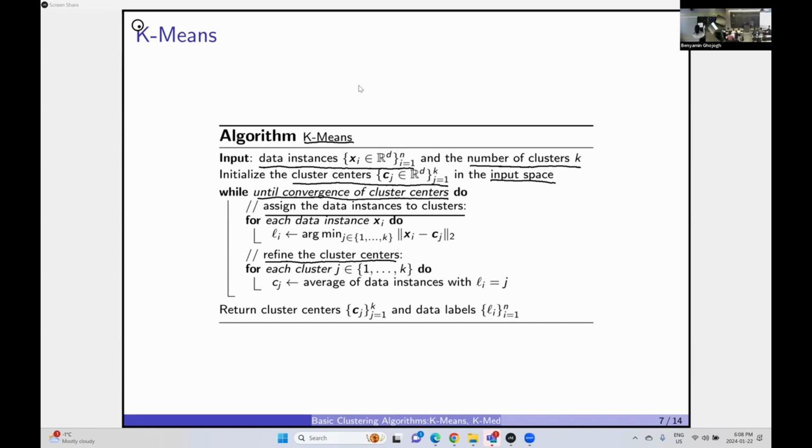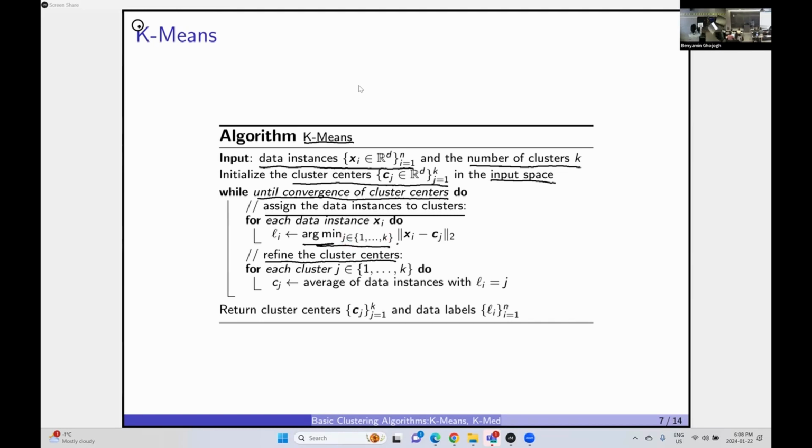So for assigning the data instances, we have some cluster centers, right? Then for every data point, we calculate the distance of that data point from all of the cluster centers. The minimum distance tells us which cluster it belongs to. Do you get it? So as you see, arg min over j, j goes from 1 to K. So I have K clusters, right?